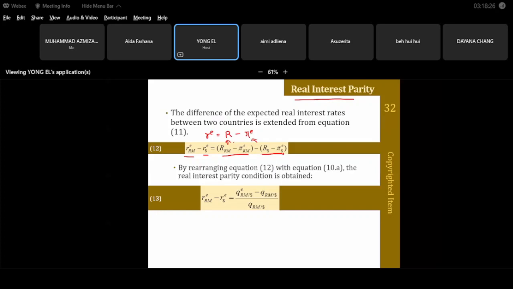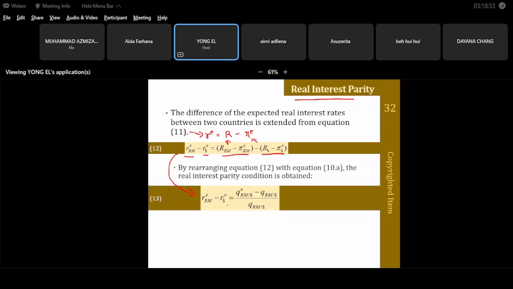It already tells you that equation 12 is actually similar to equation 11. I mean this one. It is just that we look at the difference between two countries' interest rate and inflation rate. By rearranging this equation, we get this equation 13.